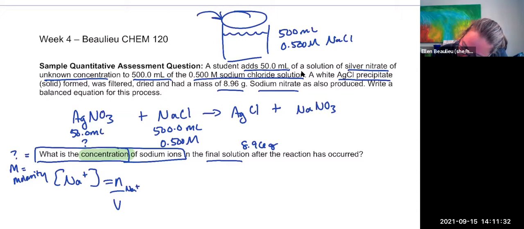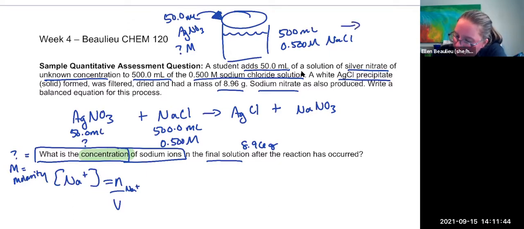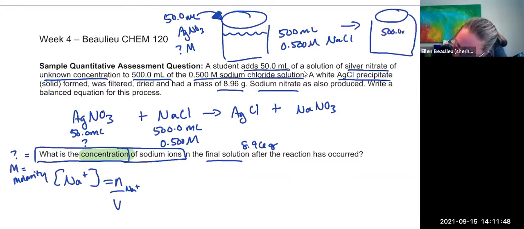And to that, I'm adding 50 milliliters of silver nitrate, and I don't know its molarity. Well, if we're being asked about the final solution, then my final solution has 500 milliliters plus the 50 milliliters that I added. So a total volume of 550 milliliters.